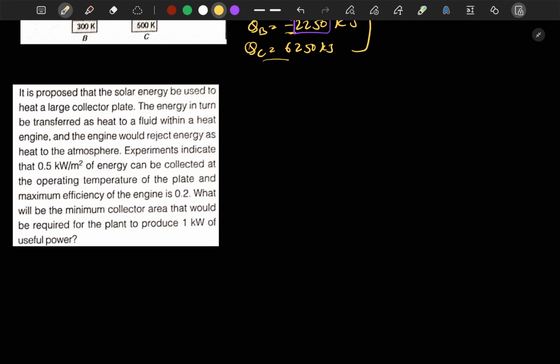Experiments indicate that 0.5 kilowatt per meter square of energy can be collected at the operating temperature of the plate, and the maximum efficiency of the engine is 0.2. What would be the minimum collector area required for the plant to produce 1 kilowatt of useful power?